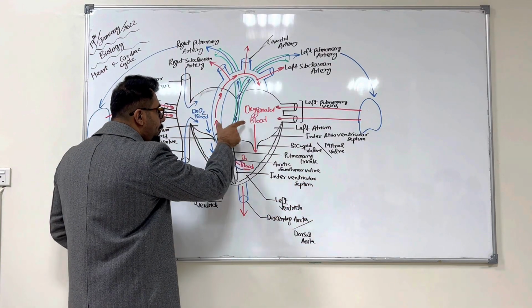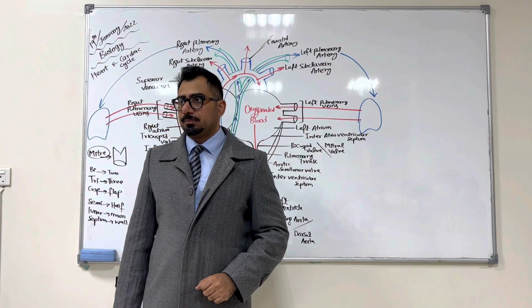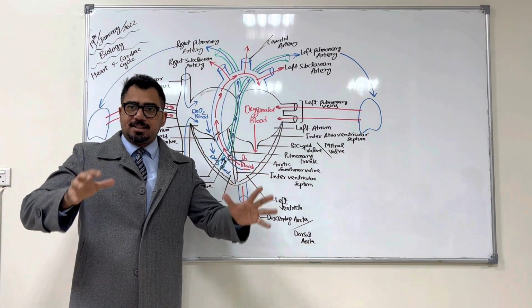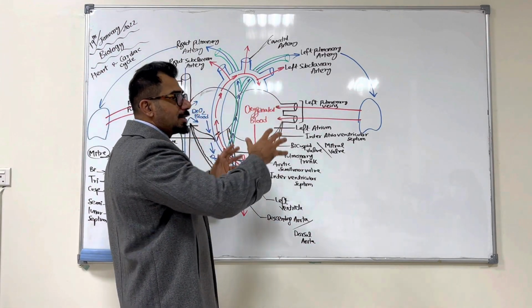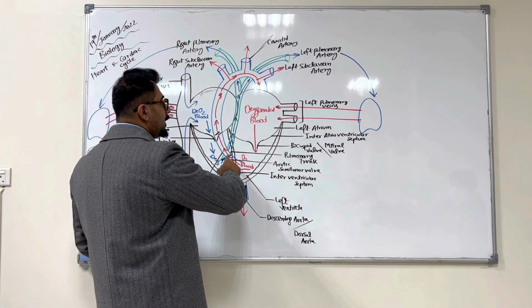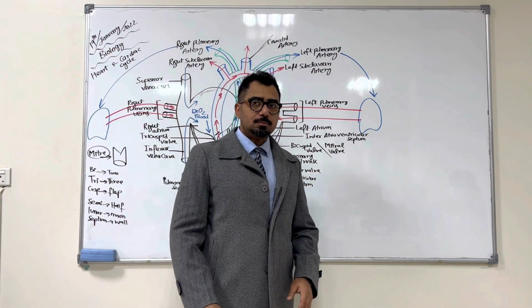Then, from both atria, blood will come into the ventricles at the same time. Both ventricles will contract at the same time and pump the blood out of the heart at the same time. That means at the same time, blood will go towards the lungs as well as towards the whole body.